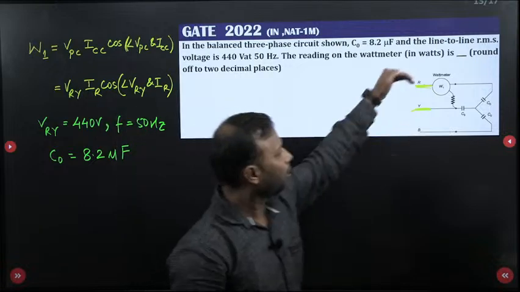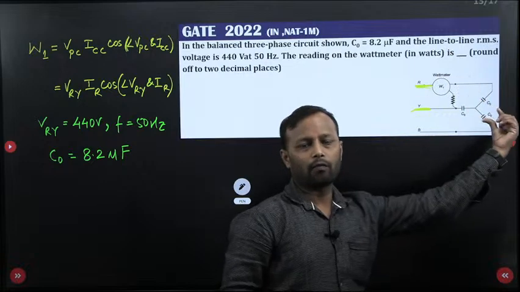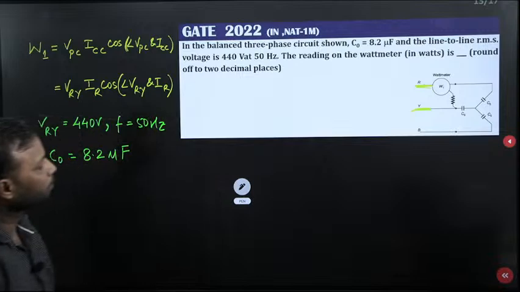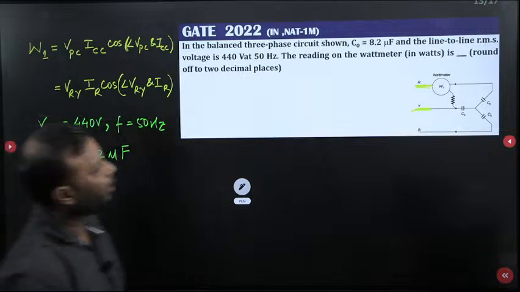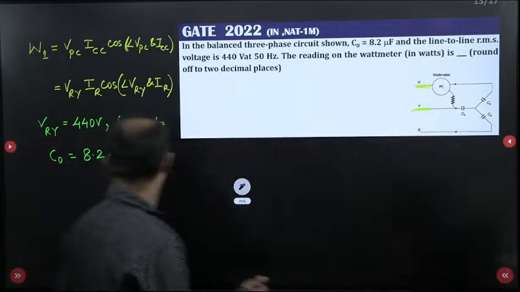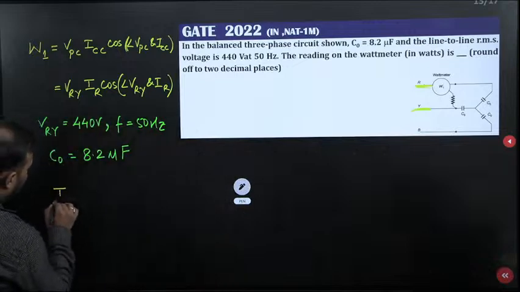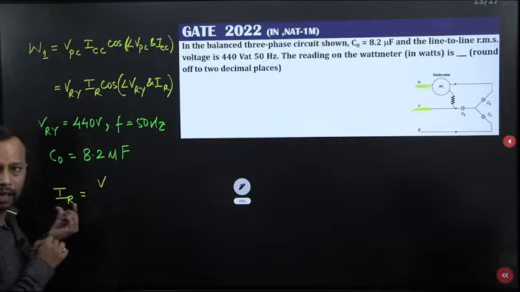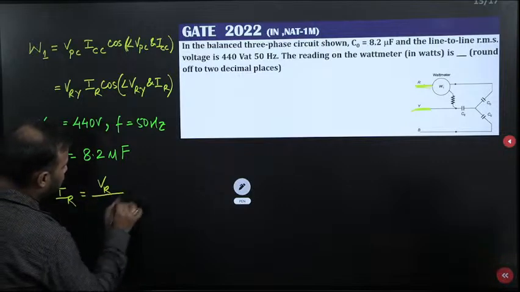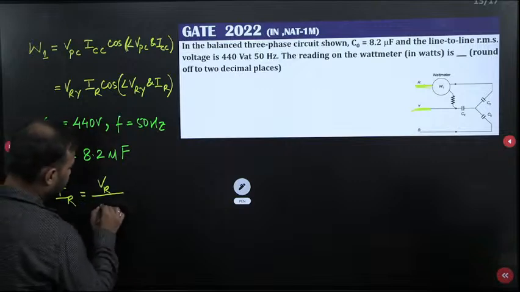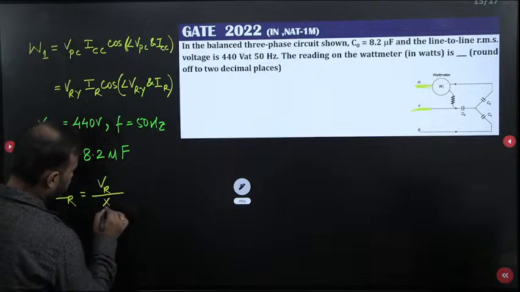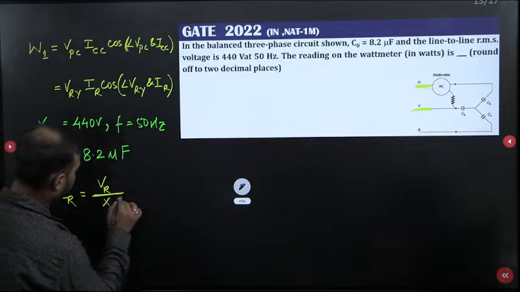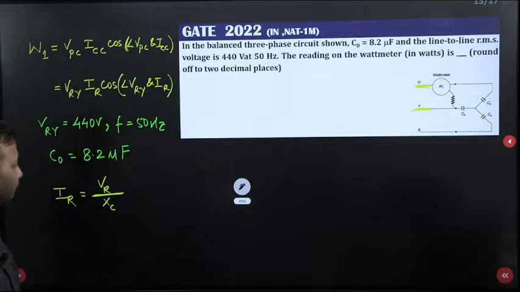So I R is what? Is the current of the phase. So let us calculate I R. I R will be equal to, this is the phase current, so V R, phase voltage, divided by impedance, which is XC.